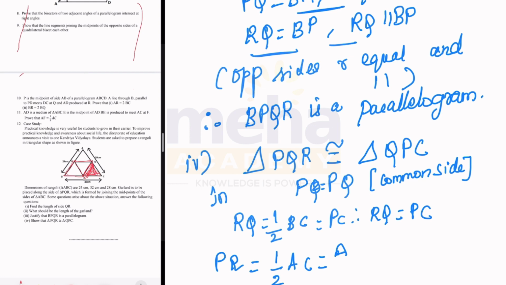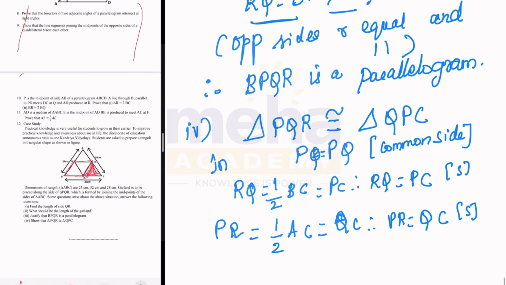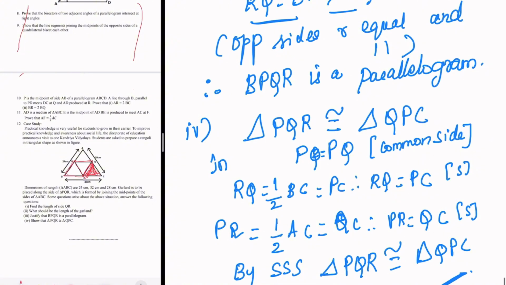Then PR is equal to half of AC, which will be equal to QC. Therefore, PR is equal to QC. So now we have shown that all the three sides are equal. So by SSS congruence, triangle PQR is congruent to triangle QPC, hence proved.